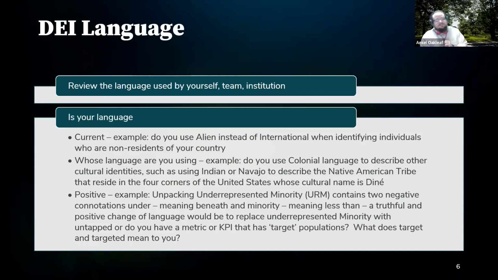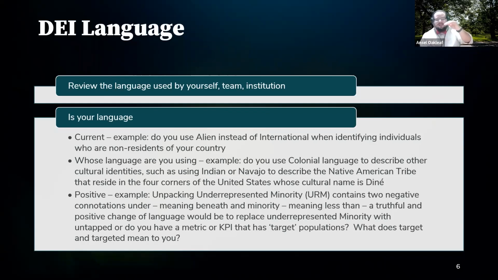So just looking from the perspective of the culture, are you using their language, their words, terminology to speak about themselves? Another important facet as I have worked with DEI language is that a lot of it is negative. Is there a way for us to take that language and turn it into a positive world? So let's unpack the idea of underrepresented minorities, the URMs. So here we have two negative connotations. The first, under, which means beneath, you think of that ladder, the bottom rung.